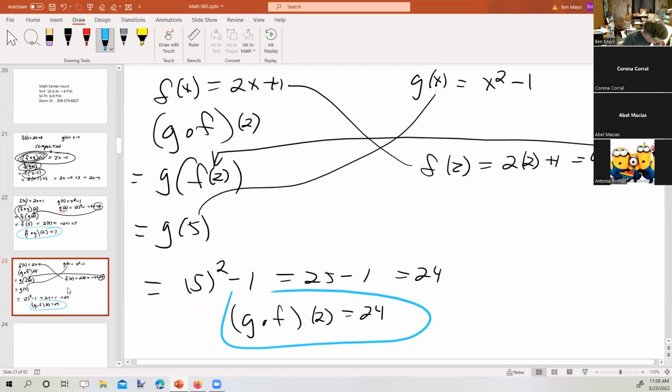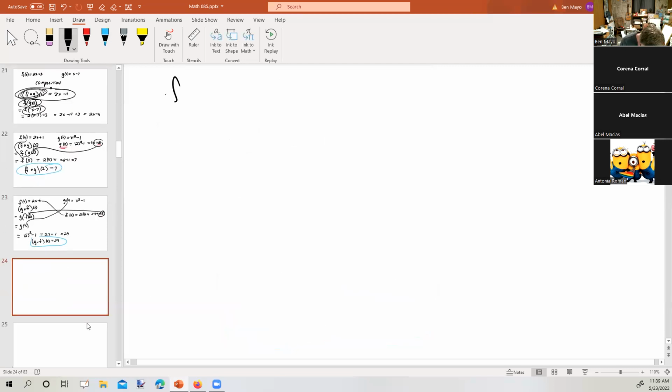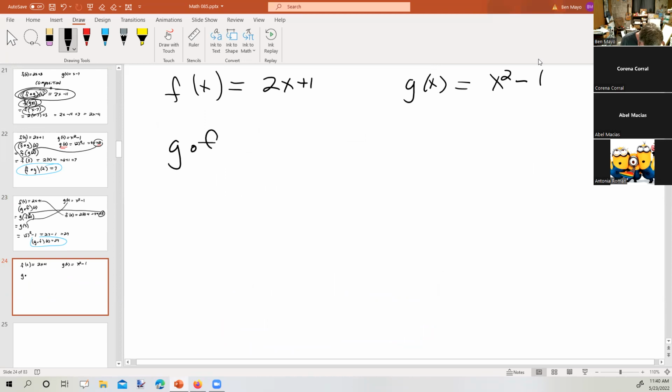Okay. Let's take a look at another example. Again, we're going to use the same f of x equals 2x plus 1, and g of x equals x squared minus 1. Now let's find g composed with f of negative 3.